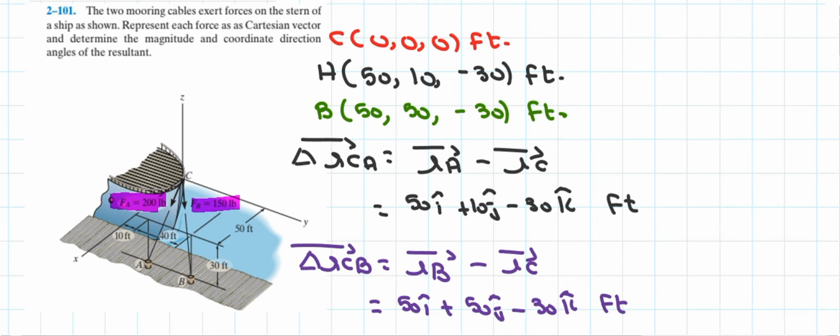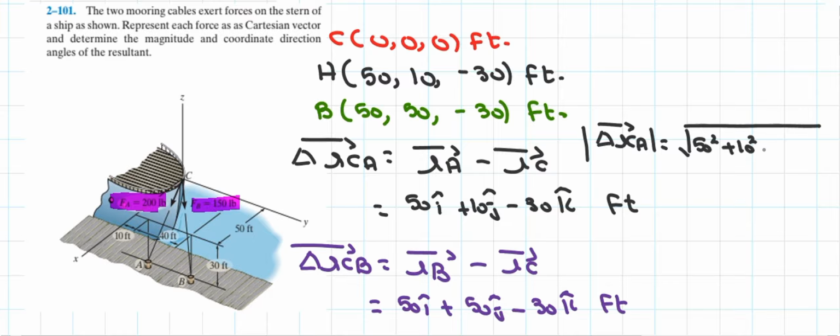For the magnitude, we have the formula: the magnitude of delta RCA equals the square root of x square plus y square plus z square. For RCA, the value of x is 50, the value of y is 10, and the value of z is negative 30. So it becomes 50 square plus 10 square plus 30 square. Grab the calculator, put the values into it and solve for the magnitude of RCA.